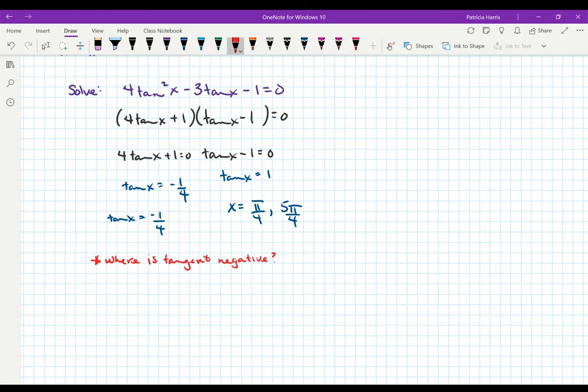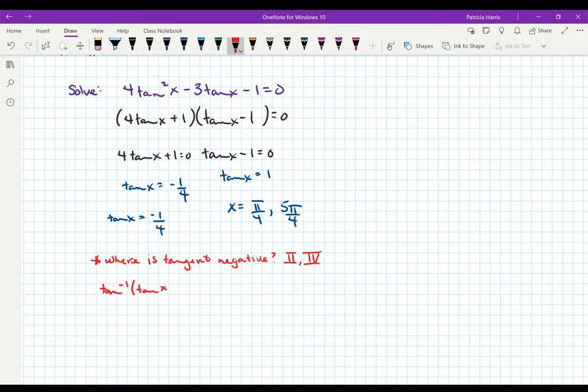So tangent is negative in quadrant 2 and quadrant 4. Okay, so I'm gonna have answers that are in quadrant 2 and quadrant 4. Okay, so let's go to my calculator and use the tangent inverse button. So basically, this is what we're doing right here.